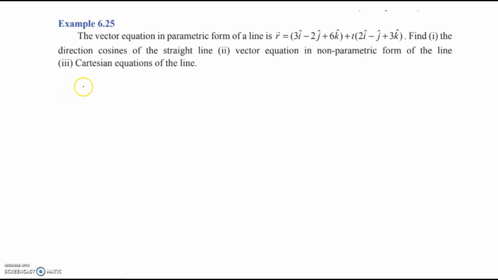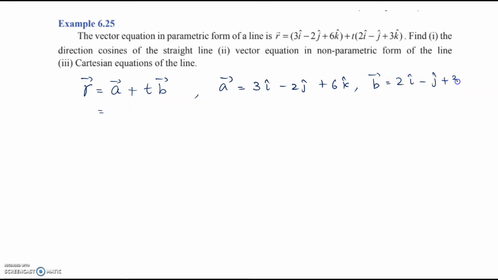The equation of a straight line in parametric form, when you're given a point and a parallel vector, is r vector equal to vector a plus t b vector. Here our vector a is defined as 3i cap minus 2j cap plus 6k cap, and our vector b is defined as 2i cap minus j cap plus 3k cap.